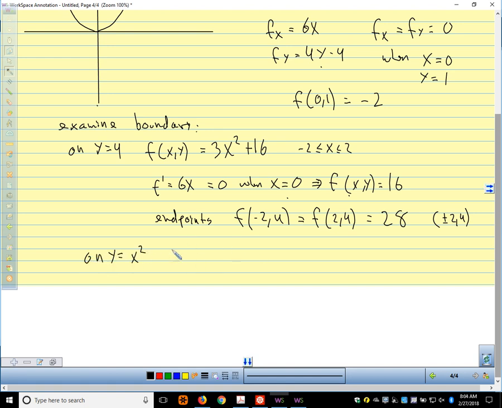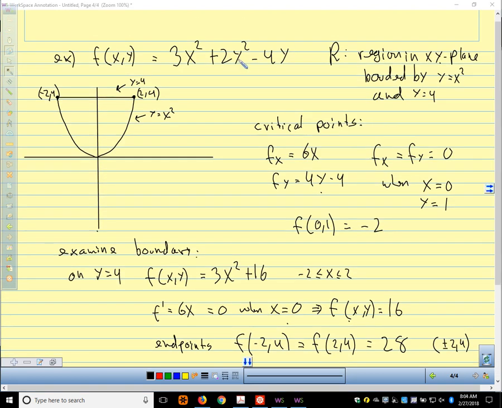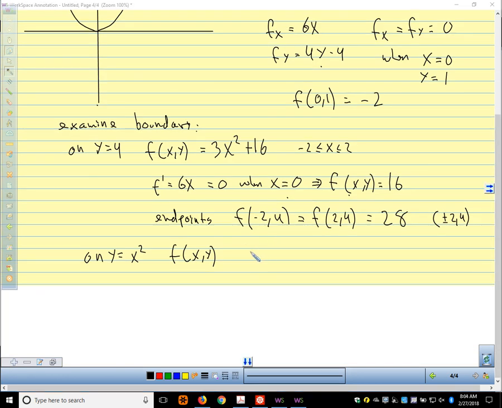On y equals x squared, we substitute that into our function. Substitute x squared for y. F of x, y becomes 2x to the 4th minus x squared. And f prime is, we get 8x to the 3rd minus 2x.